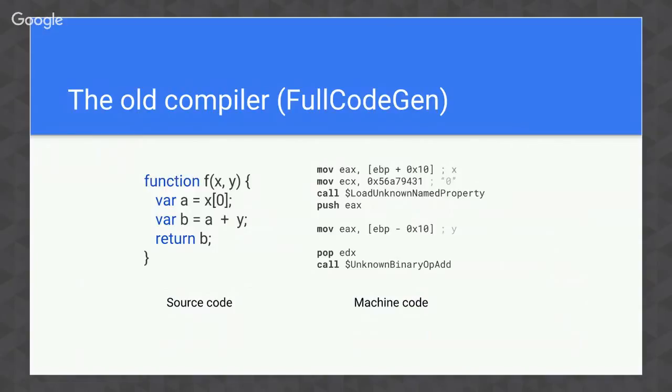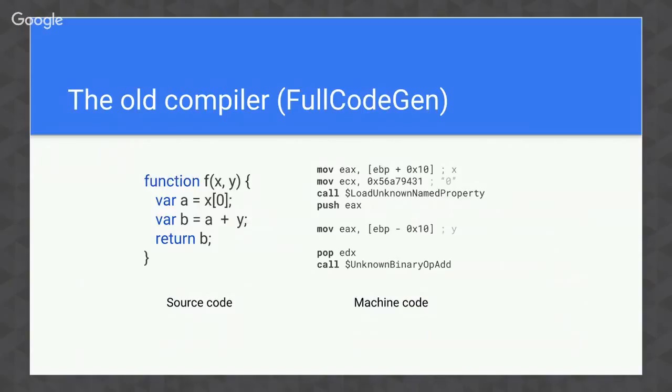And this machine code has to go through all the various JavaScript semantics that we have of property lookups through prototype chains and hole values and undefined values. And it can be slow.